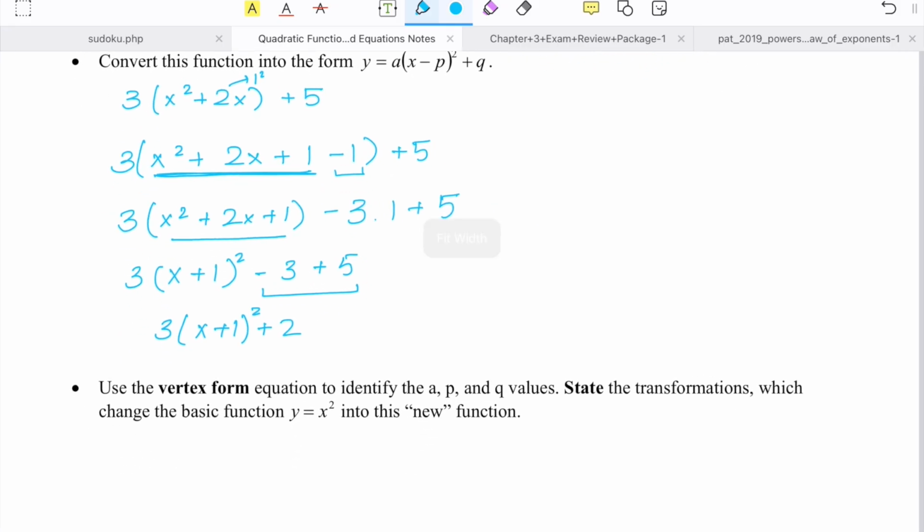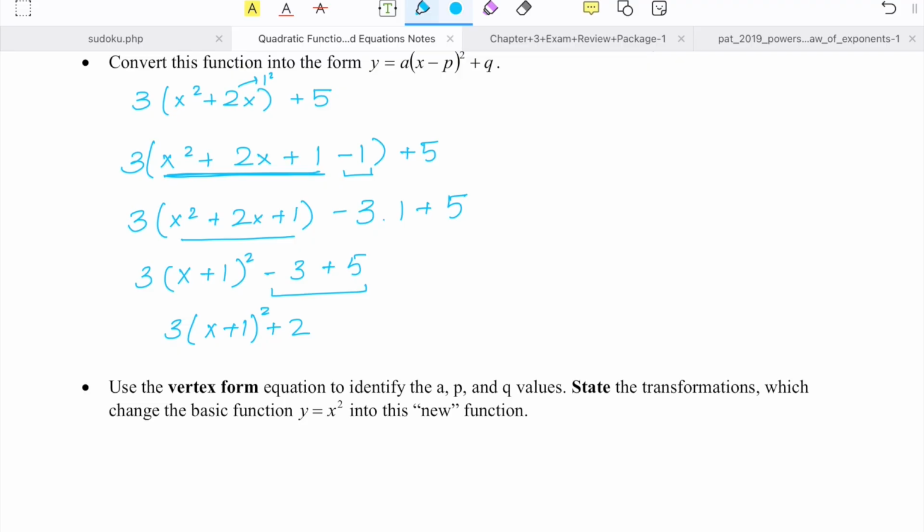Based on this, what is my a value? 3. That means a vertical stretch by 3, right? What's the p value? Oh, sorry, negative 1. Don't make that mistake.